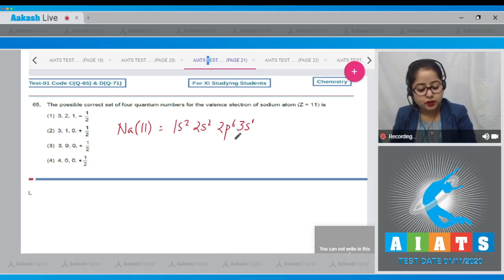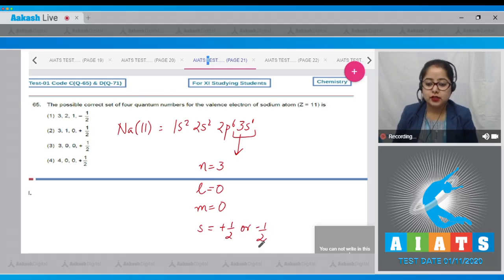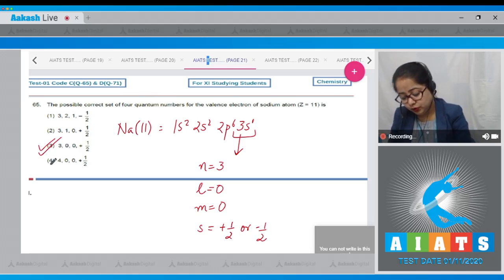So student, the valence electron exists in 3s subshell. And for 3s, the value of n is 3. The value of L is 0. The value of M is 0. And S can have either a plus half value or minus half value. That means the correct set of 4 quantum numbers is represented in option number 3. So the correct answer is option 3.